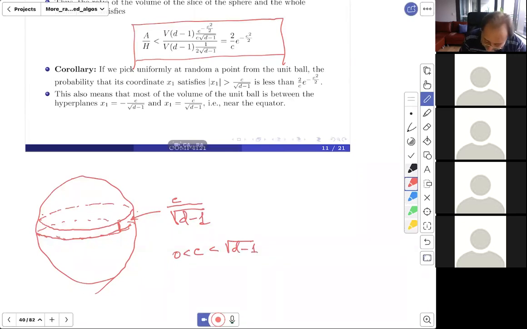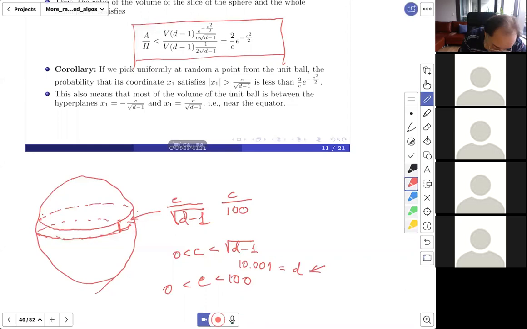If your d is 10,001, then c ranges between 0 and 100, so this is, say, c divided by 100 for d like this.